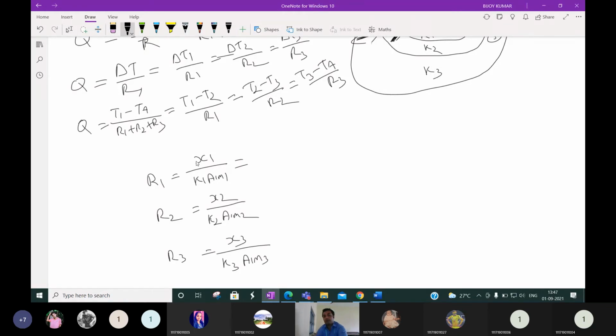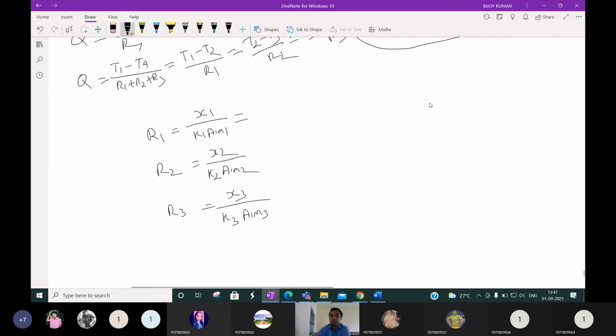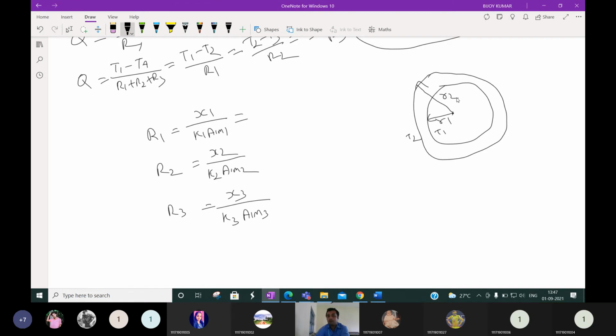So first one by one we will discuss. X1 is what? First let us discuss the first one. This is R1, this is T1 and this is T2 and this is R2. Okay, so X1 is what? Thickness of the first layer.